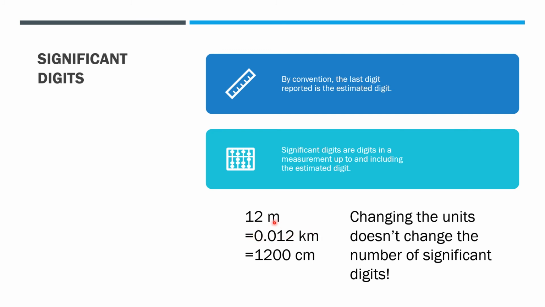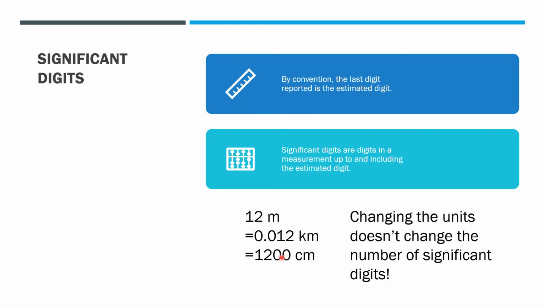This is the same measurement as this, so this must only have 2 significant digits. That means that this 0 and this 0 must not be significant digits because they go away when you change to different units. Same thing with these 2 zeros here. They go away when you change centimeters into meters. So all of these only have 2 significant digits.